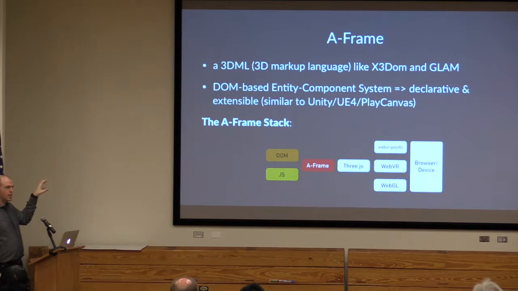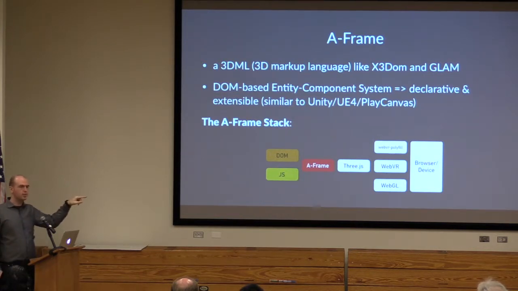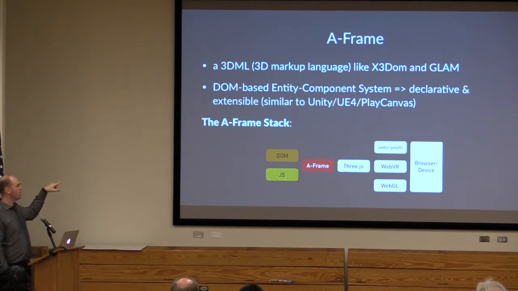The stack, what is A-Frame using? You see here you have the DOM, which is the HTML and the JavaScript file. And then you have A-Frame as a library. And A-Frame uses 3JS to manipulate the DOM and describe elements, using the APIs of WebVR and WebGL.